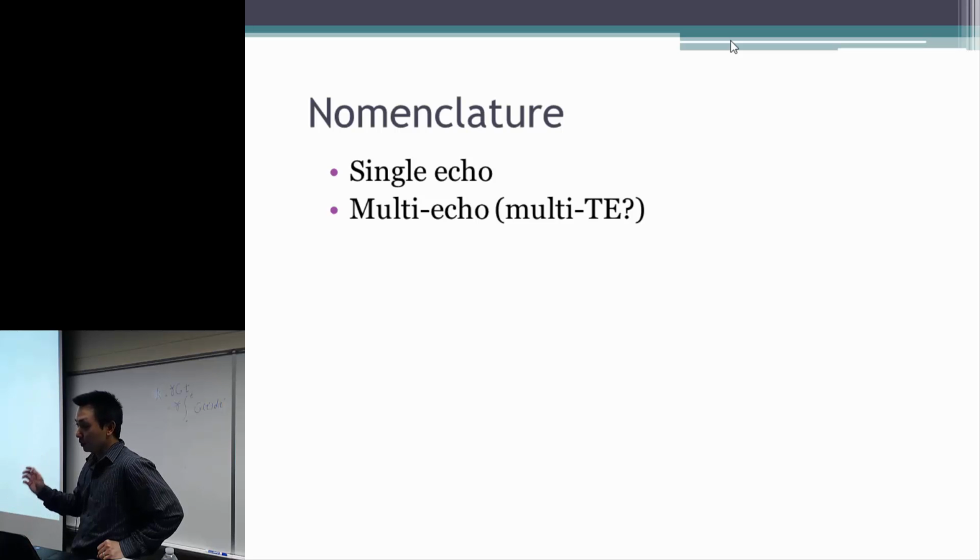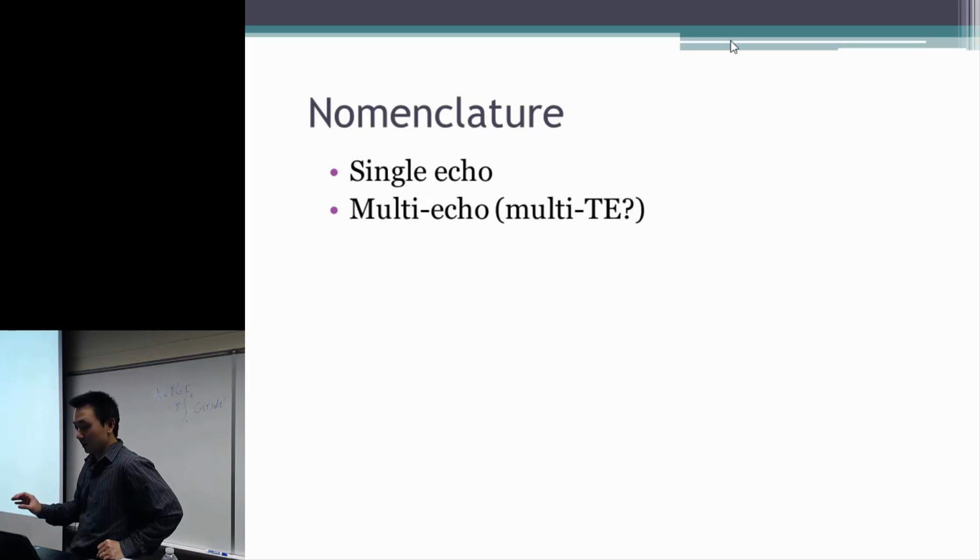If they all go to the same k-space, we can call it multi-echo segmented imaging. And if they go to different k-space, for example, if we collect 11 echoes, then we will have 11 k-space lines with different TEs, 11 different TEs.